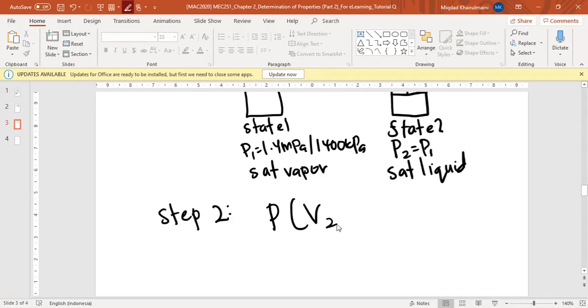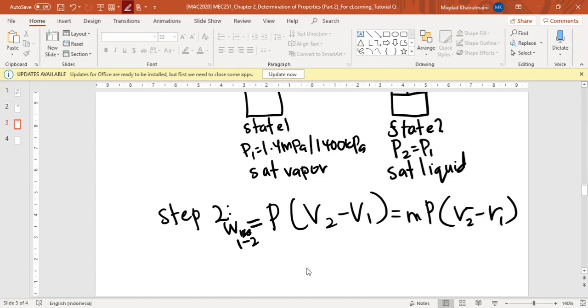So W 1 to 2 equals P multiplied by the change in volume, or in specific volume form, mass times the pressure multiplied by the specific volume at state 2 minus state 1. So when we find the properties, make sure we read the specific volume at state 2 and also state 1.